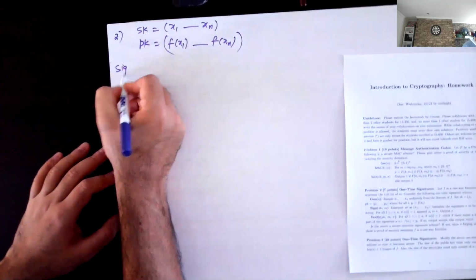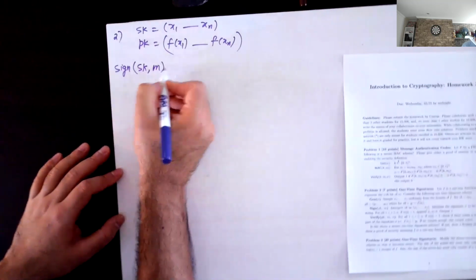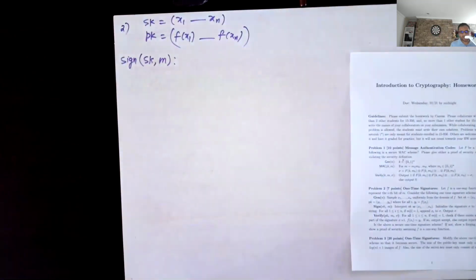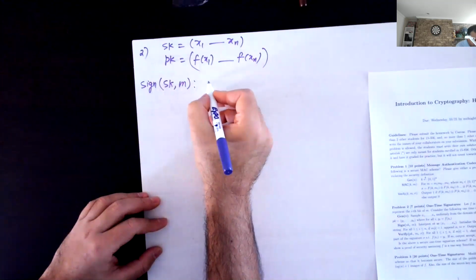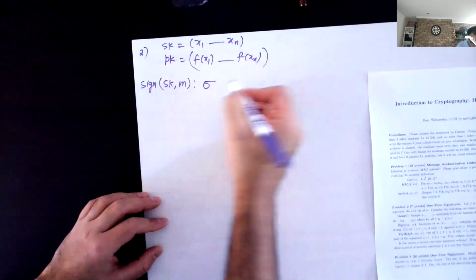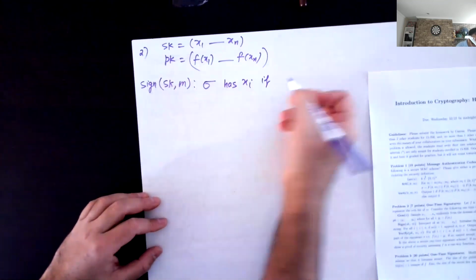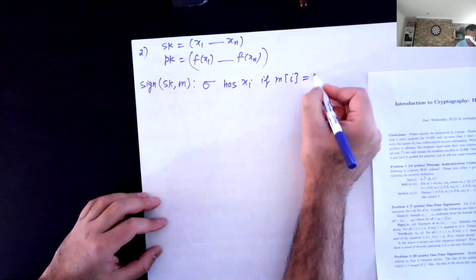And how do you sign a message? The signature sigma has xi if the ith bit of the message m equals 1.